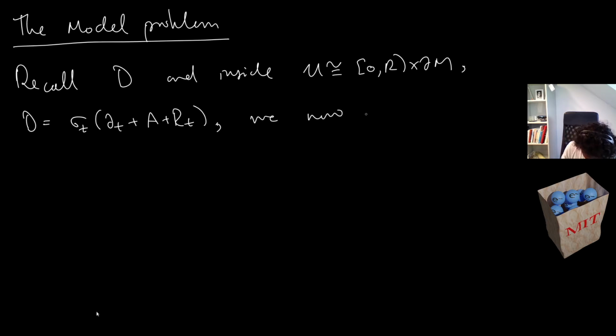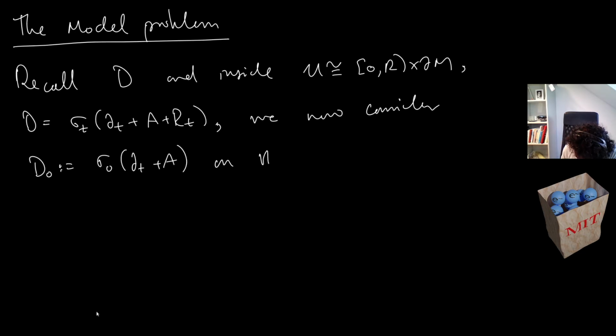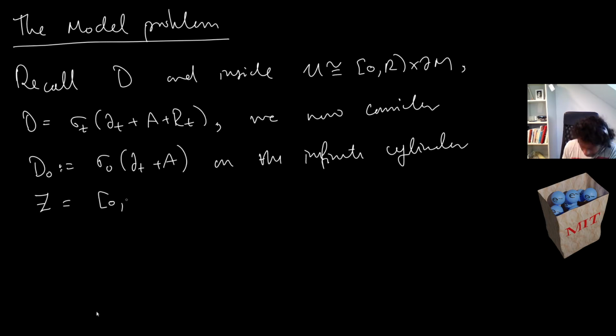and we now consider the operator D_0 equals sigma_0 dt plus A, and we do this on the infinite cylinder, which we call Z, which is just going to be 0 to infinity cross partial M. Okay, so this is the model operator that we extract because we see the model operator in this expression.